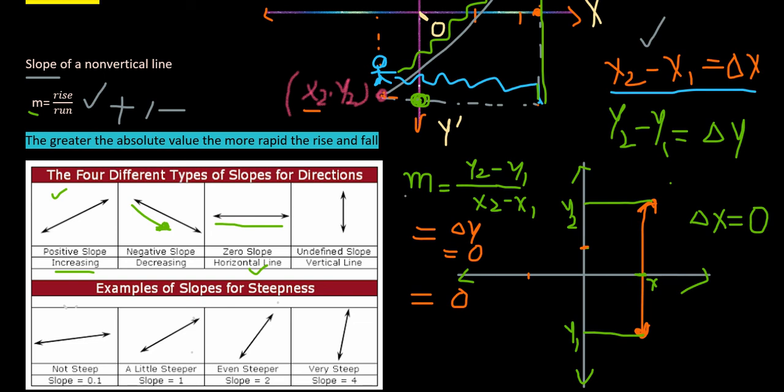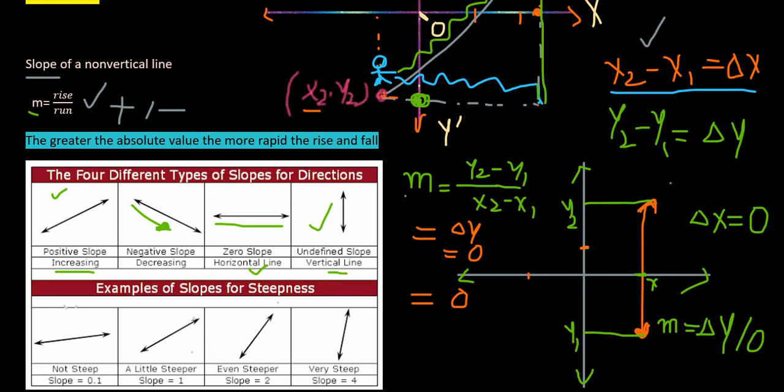So if we put 0 over here, we get an undefined value. In this way you will also get the idea of a vertical line.